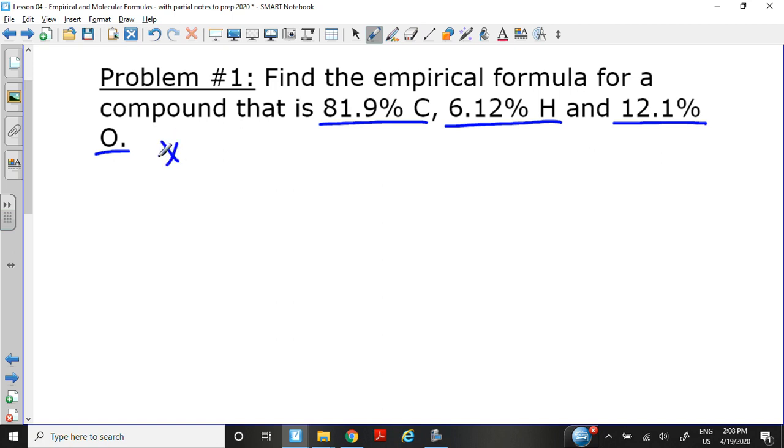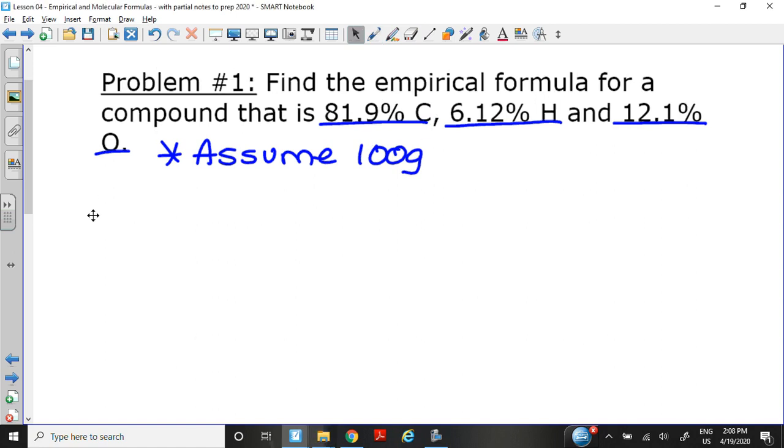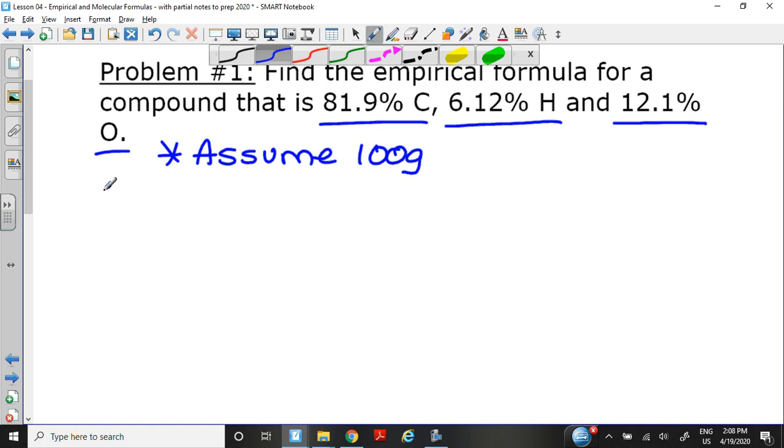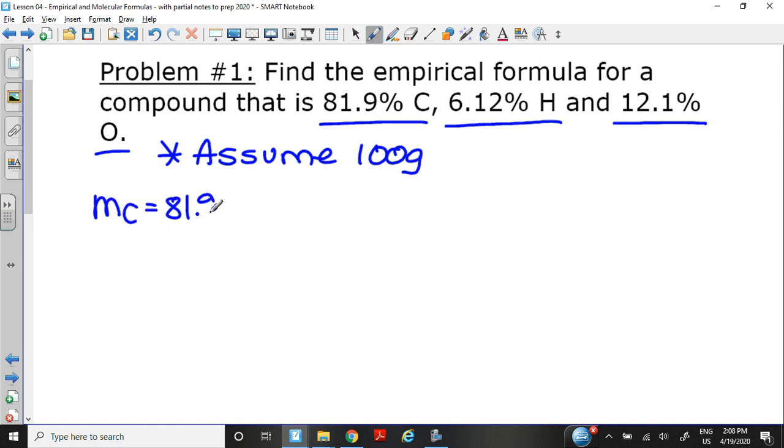So first thing you want to do is state your mass that you're using. So I'm going to say I'm assuming 100 grams. Once I've done that, then I can automatically take my percentages and convert them into masses. So carbon comes first. My mass of carbon is 81.9 grams.